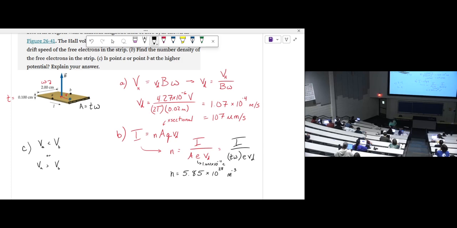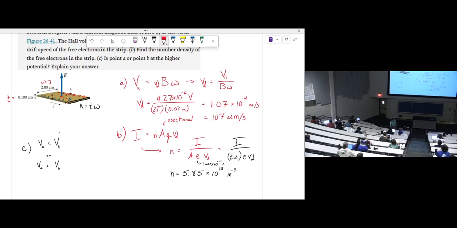Therefore, we expect the force on this to be to the left. So you've got more electrons on this side than you do leaving positive charges over here on this side.